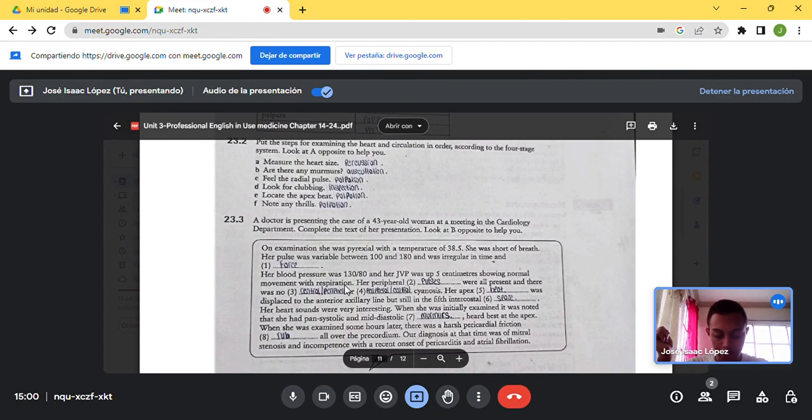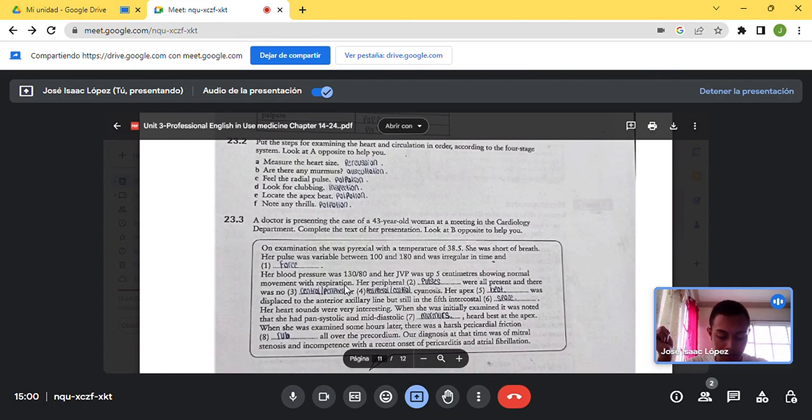Her blood pressure was 130 over 80 and her JVP was up 5 centimeters, showing normal movement with respiration.